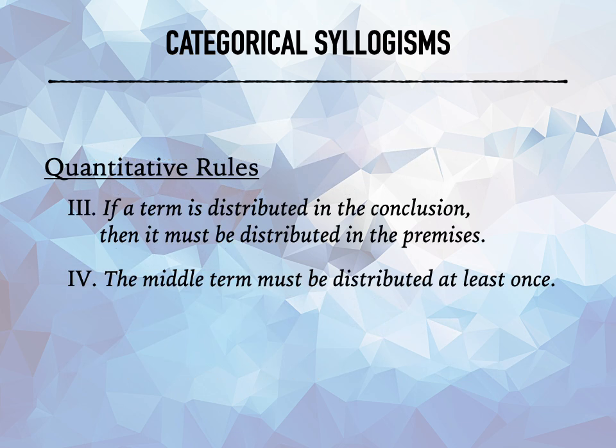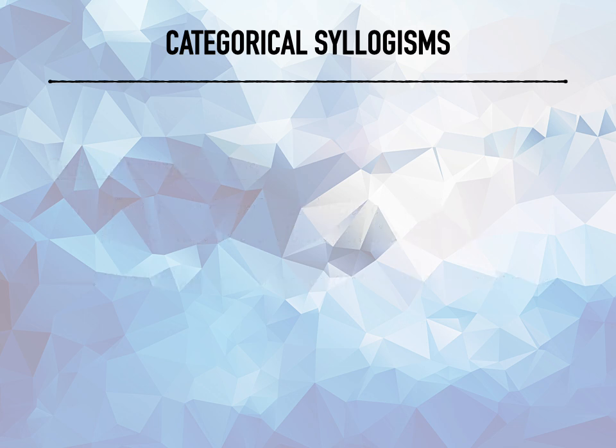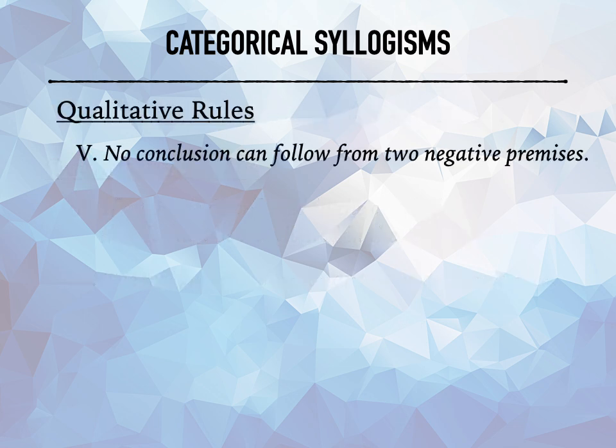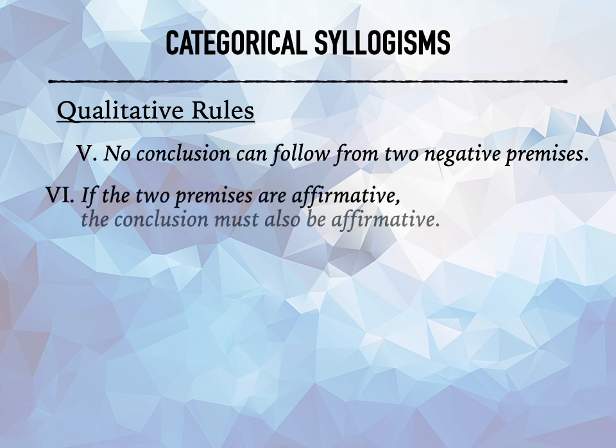So there are the quantitative rules again. And let's do the qualitative rules. First, or number 5, no conclusion can follow from 2 negative premises. Number 6, if the 2 premises are affirmative, the conclusion must also be affirmative.